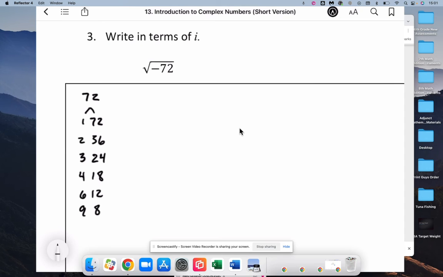I'm going to reverse those, 8 and 9. And I know that I'm done because if I was to continue, I would end up going past 8, I would get to 9, and I would be done.